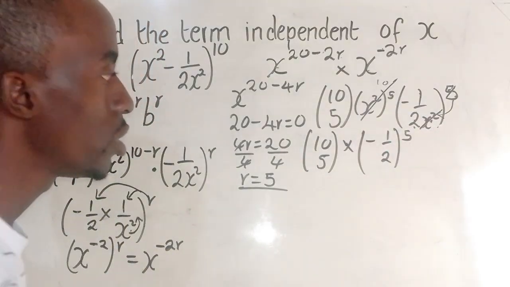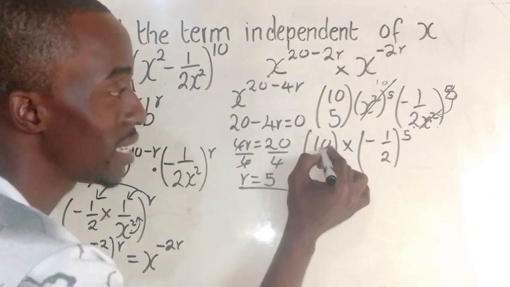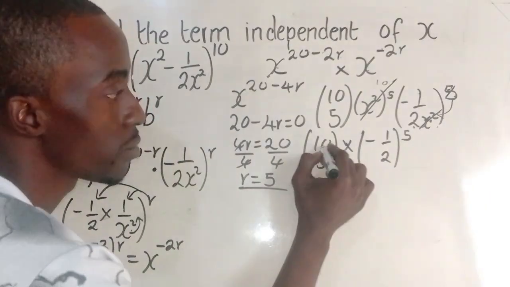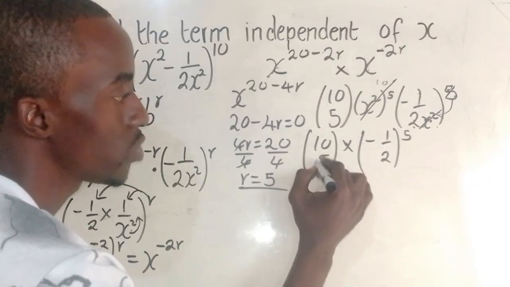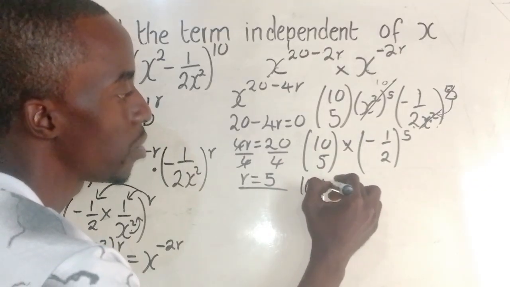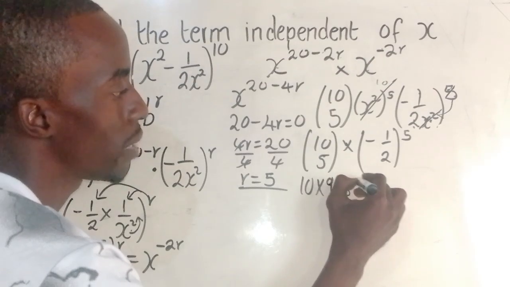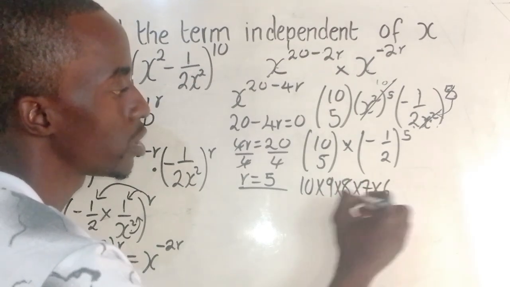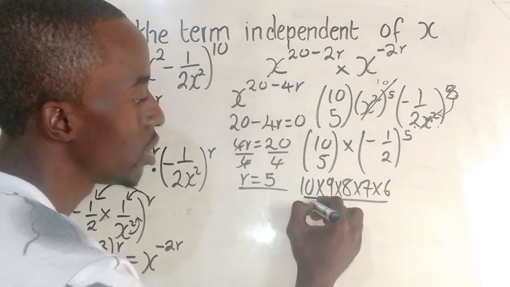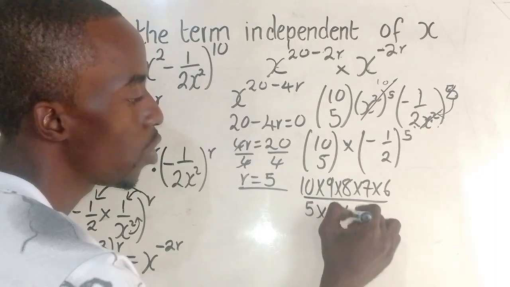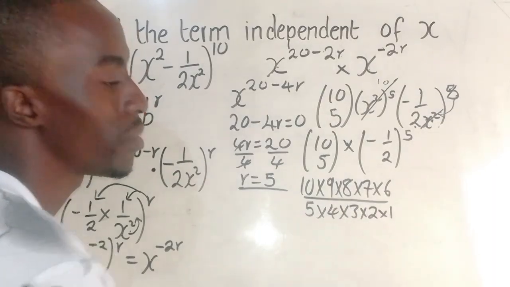So now we continue. This part simply means 10 multiply with 9, multiply with 8, multiply with 7, multiply with 6, over 5 multiply with 4, multiply with 2, multiply with 1.